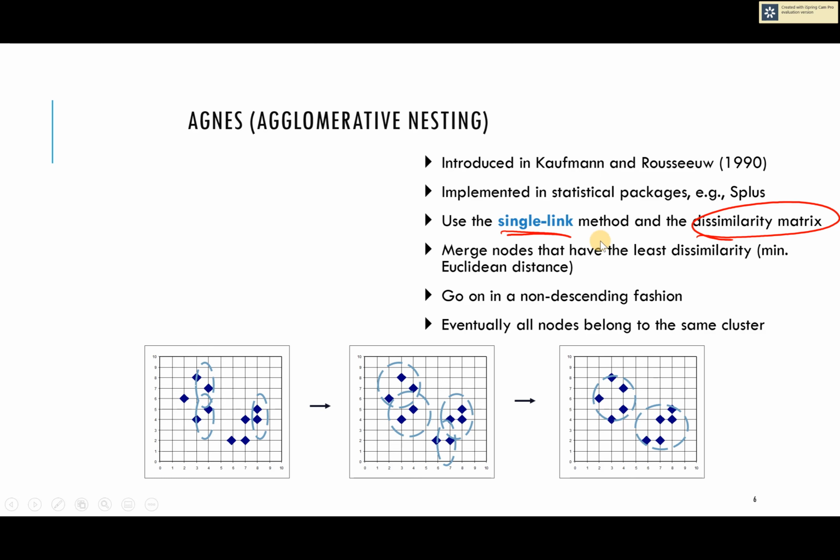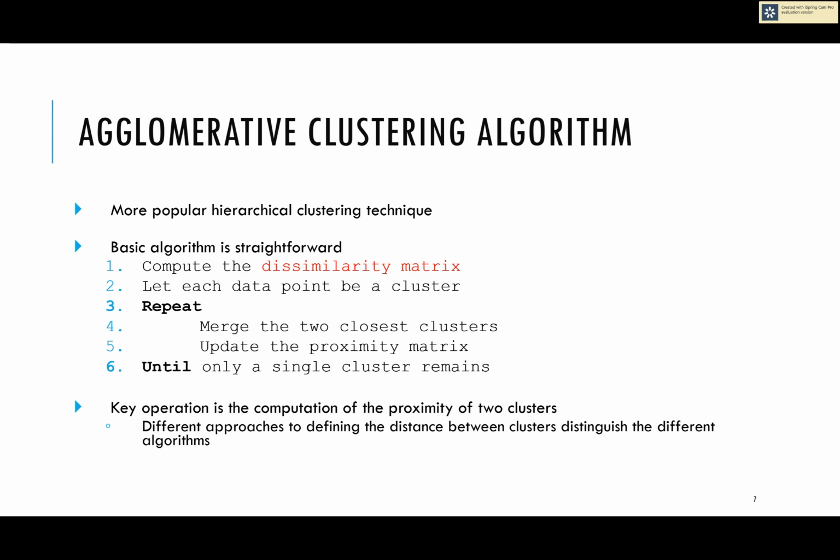And then it will merge nodes that have the least dissimilarity, where it has the minimum Euclidean distance. Okay. And then we go in a non-descending fashion, and eventually all nodes will belong to the same cluster. So you can see here, we have 2 clusters, 3 clusters here, and these clusters will be merged into other clusters, and all of them will eventually belong to the same cluster.